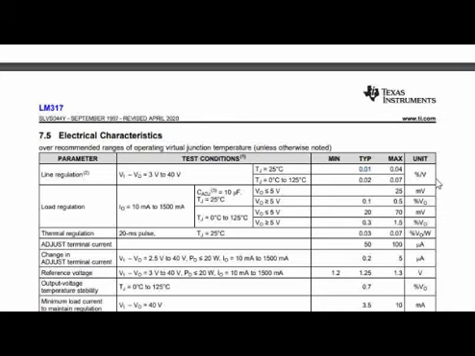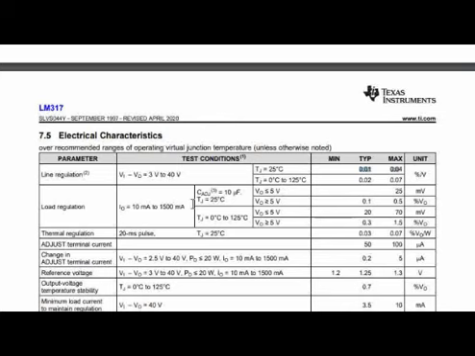So for per volt of input variation, how much is the output variation? That's how we generally calculate. You can see a very small value, which means changes in input voltage will not affect the output voltage, and the output voltage almost remains constant. That's how we have to read line regulation.